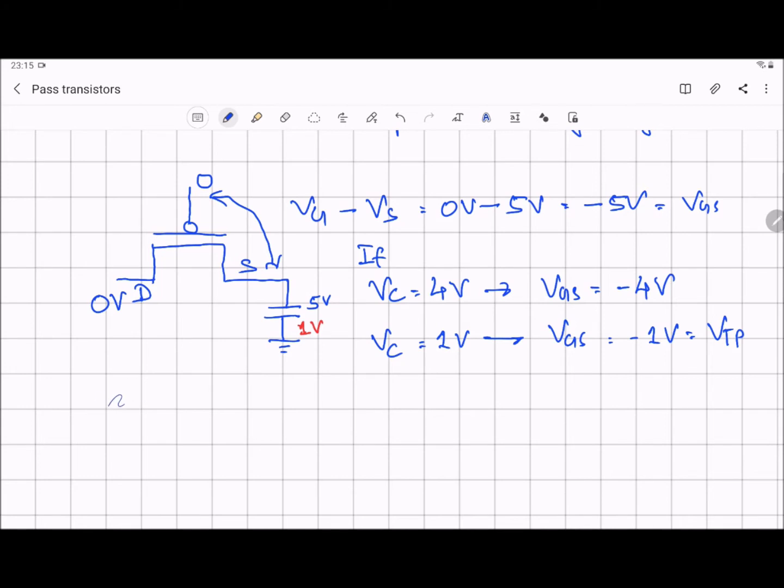So I can write the conclusion that PMOS pass transistor passes weak logic 0.